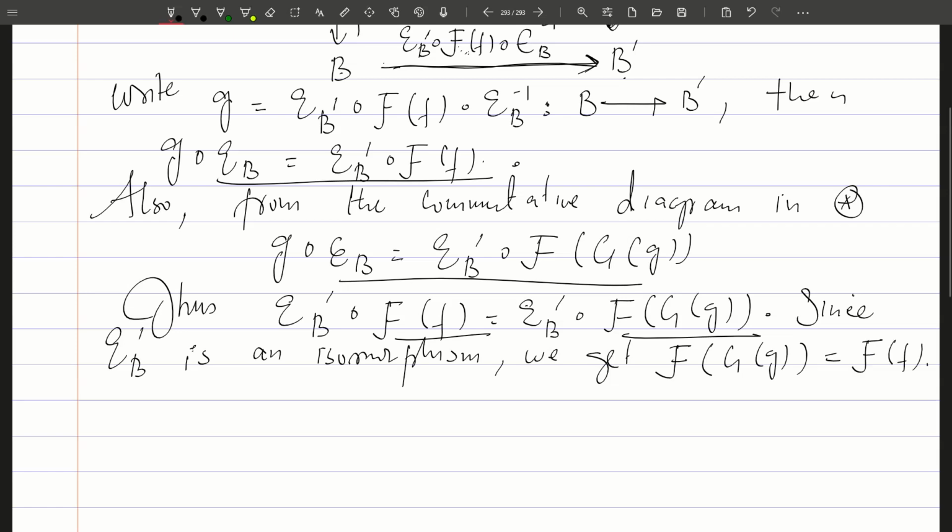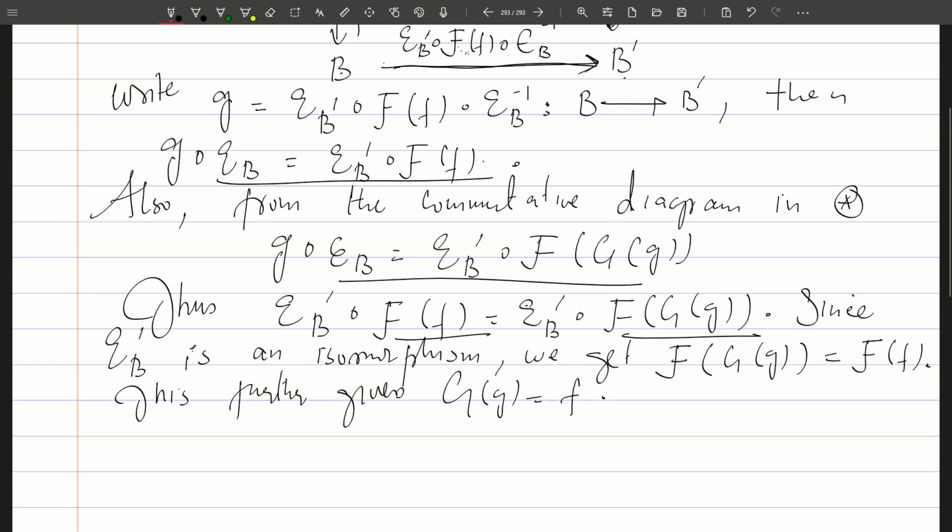Again, using the faithfulness of F, this further gives G of g is f. The reason is that F is injective when restricted to morphisms. I mean, F is faithful.